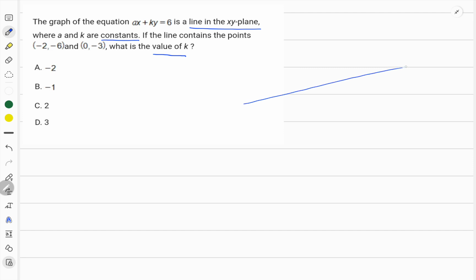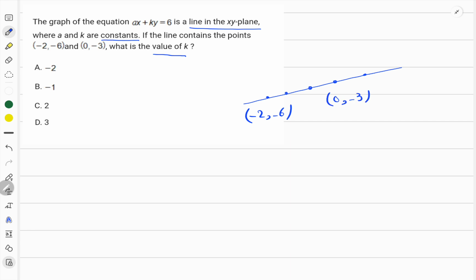You know that when you have a straight line, there are an infinite number of points which are located on the line. Just imagine that this point has coordinates (-2, -6), and another one is (0, -3).